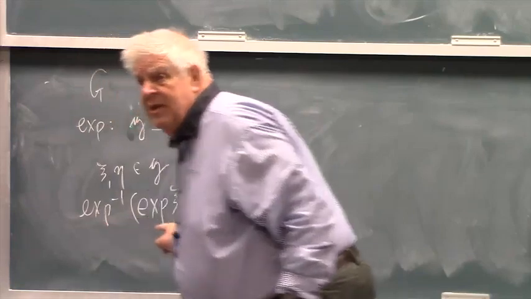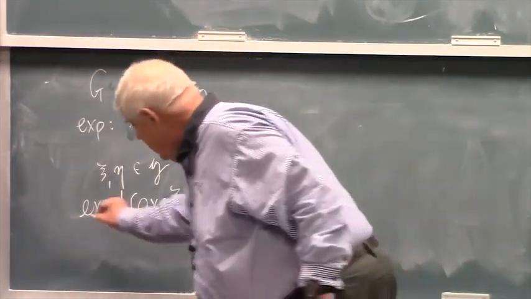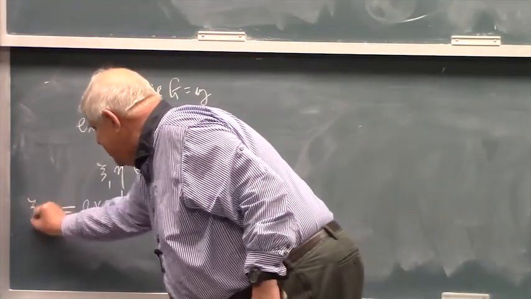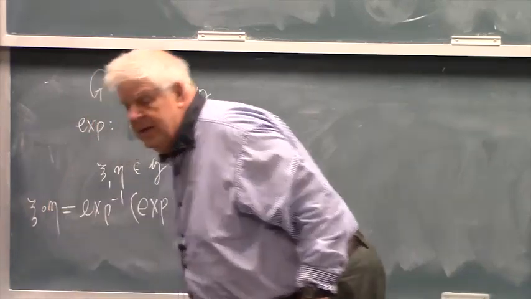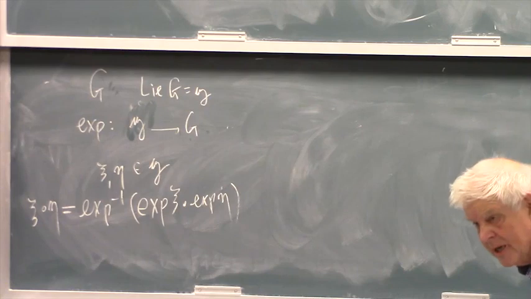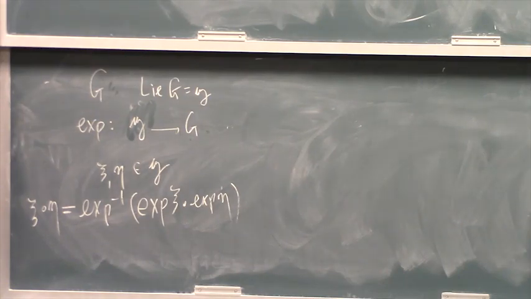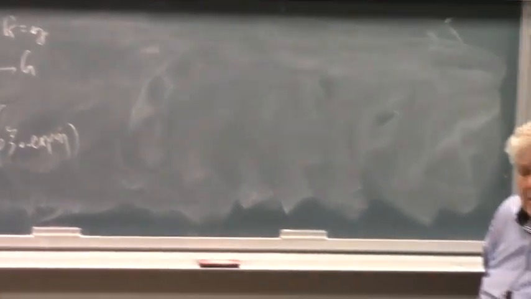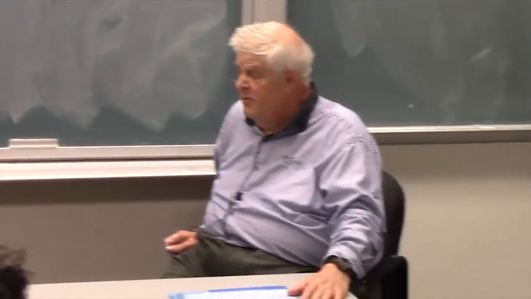Again, this will be an element of the Lie algebra, and the normal notation is xi circle eta. So such a local multiplication in the Lie algebra actually gives you the local group structure in the group G, if you identify the two things by means of the exponential map.